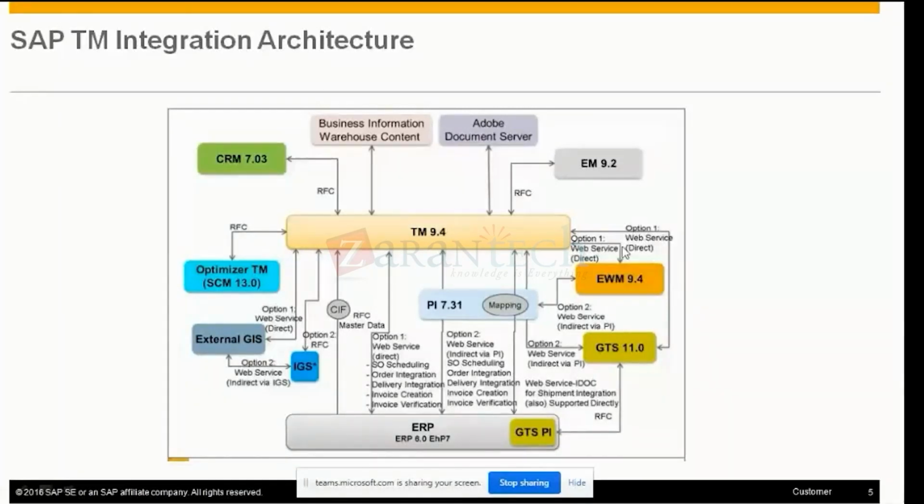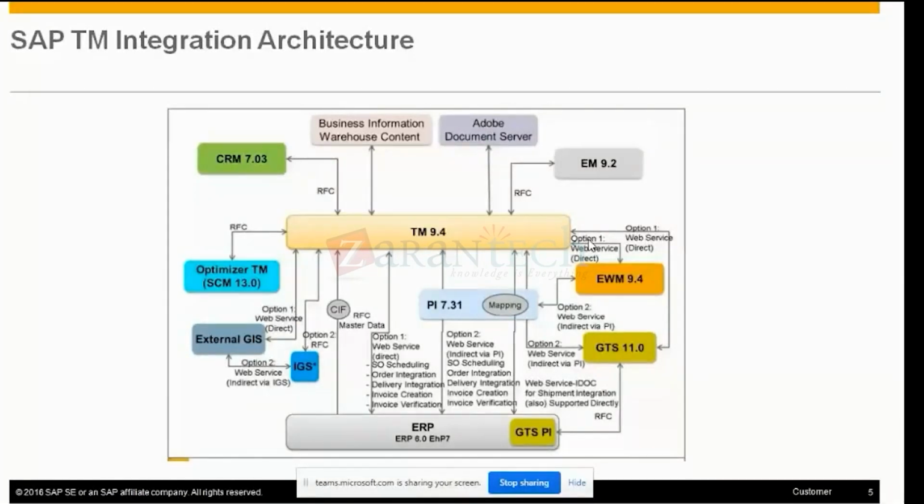There is a direct web service. In case you're using an embedded setup, you can use a web service or PI to set up the transfer of data between TM and EWM and vice versa. If you are using S/4HANA, you should use SOA Manager as the point-to-point or direct communication between both systems. Clear? Okay.